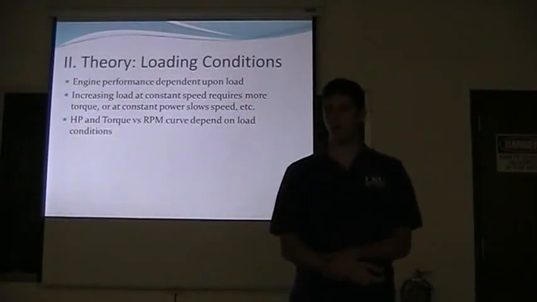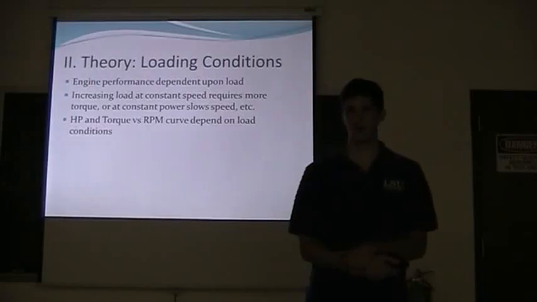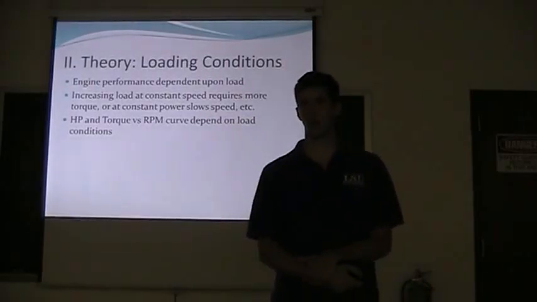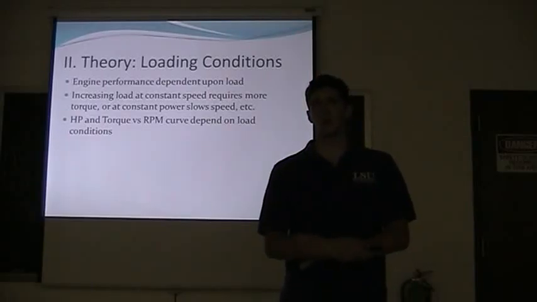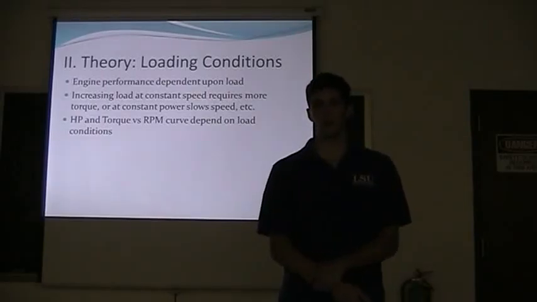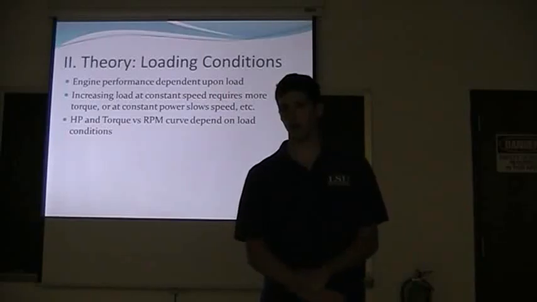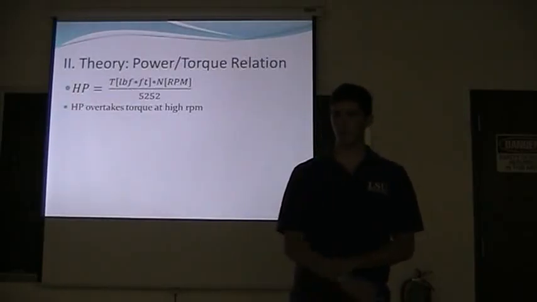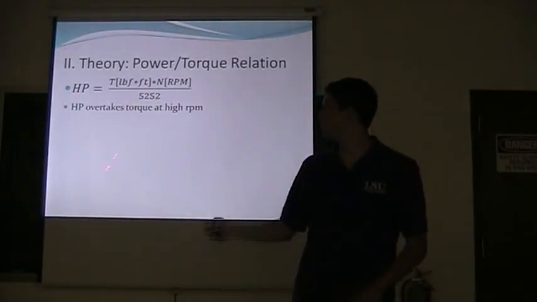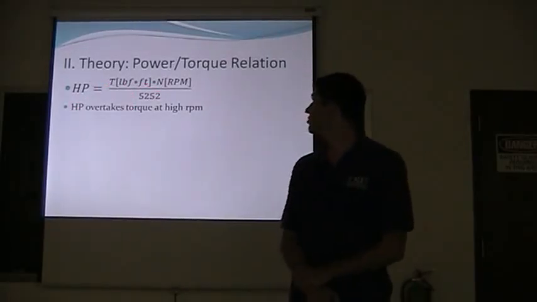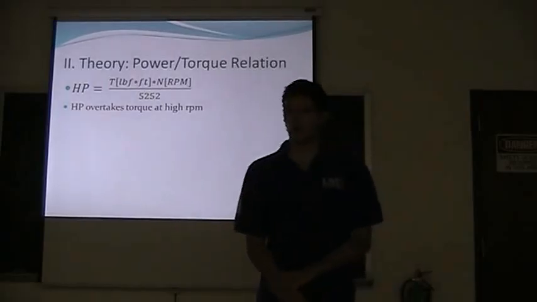And finally, the HP and torque versus RPM curve that we're going to look at in the results. You're going to notice that every time the load is increased, the whole curve will move down by some increment. So relating power to torque, it's obvious from this equation that they're directly proportional, and they're related by speed here.